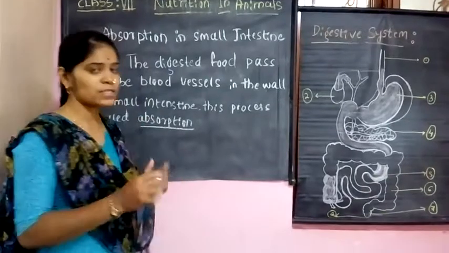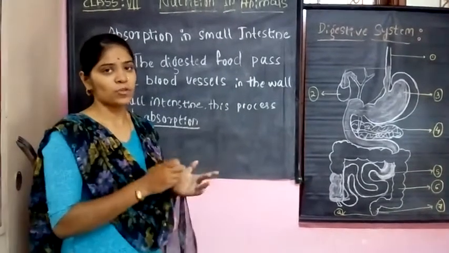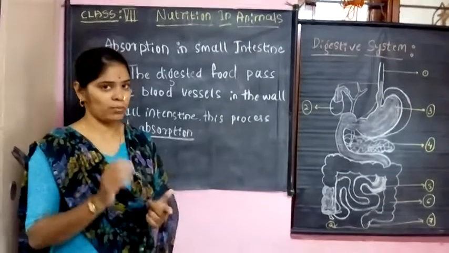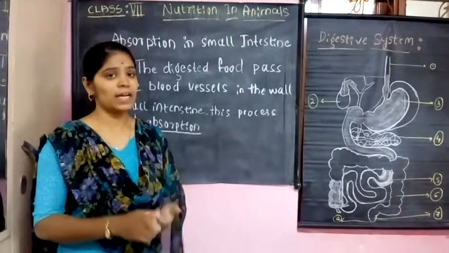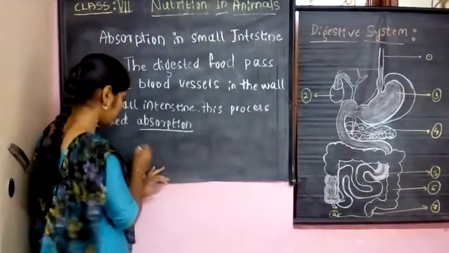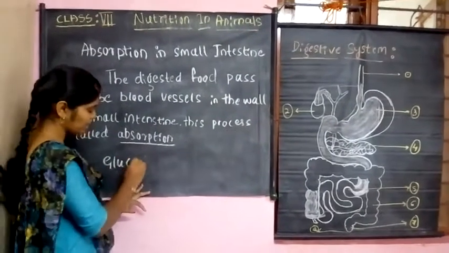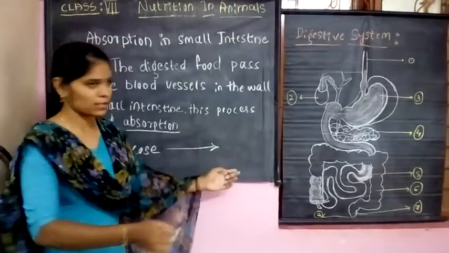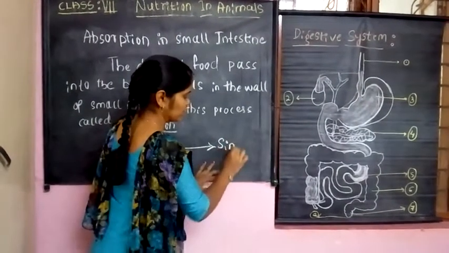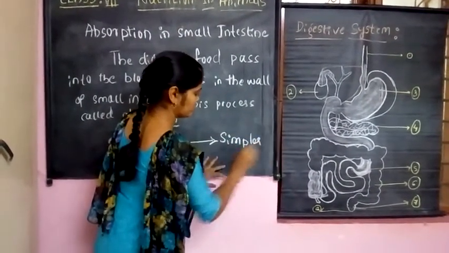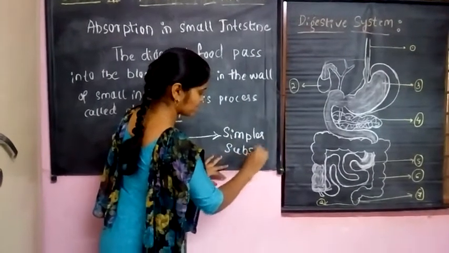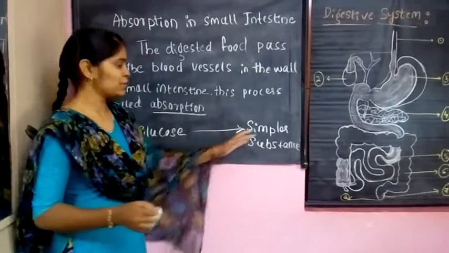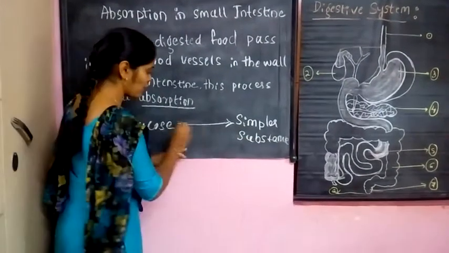So students, as I told, in the cells what happens? Glucose is broken down into simpler substances with the help of oxygen, producing carbon dioxide and water. I will show that glucose is broken down into simpler substances in the presence of what?